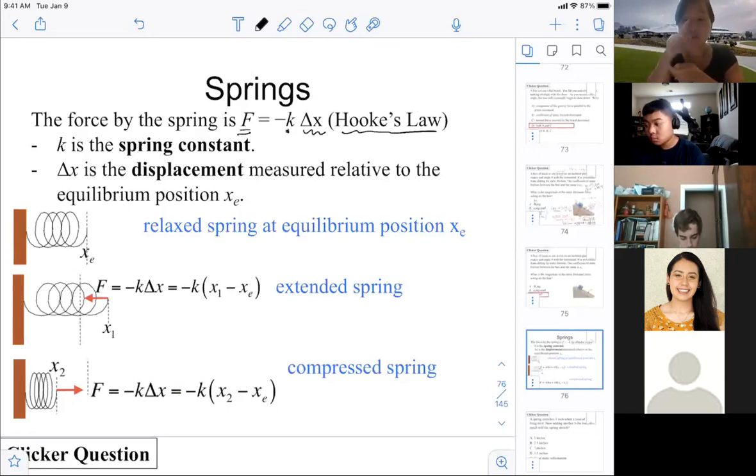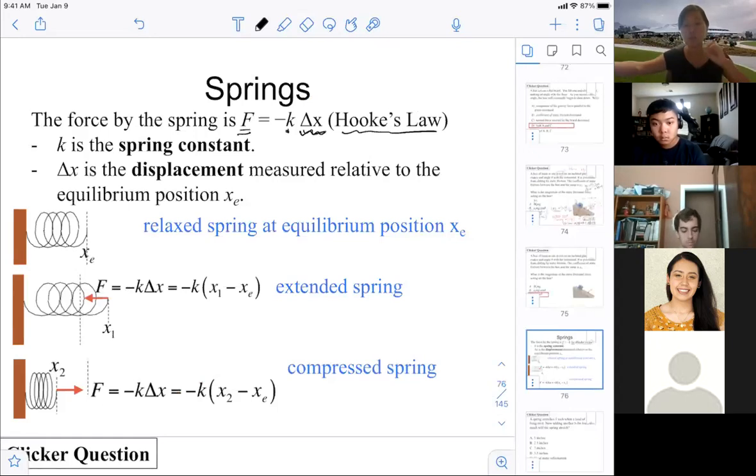So you can imagine you have a very loose spring that has a very small spring constant. It's flimsy. Or you can have a spring that's been wired very tight together and it's really hard to stretch. That will have a big spring constant, big K. So K is really just a constant to describe what kind of spring you have, a strong one or a weak one. And delta X is how much you stretch it.